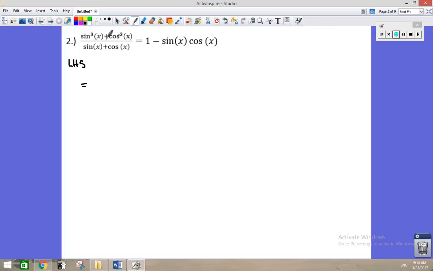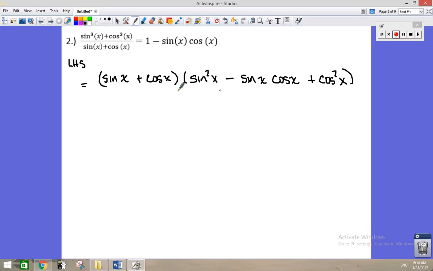When you have a sum of cubes, then that factors to the sine of x plus the cosine of x, that binomial, times the sine squared of x minus sine of x, cosine of x plus cosine squared of x.